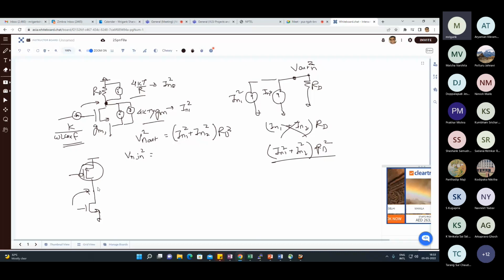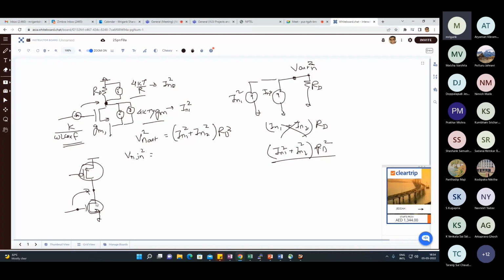Therefore we can minimize the Gm of the load, whereas the Gm of the input device needs to be maximized to reduce the overall input referred noise. This we also discussed in that lecture. So I hope the role of Gm is clear, and we have also seen in that lecture that to minimize the flicker noise, it again depends on area.